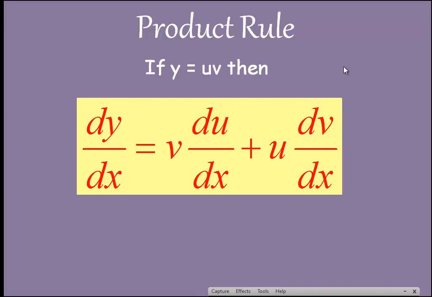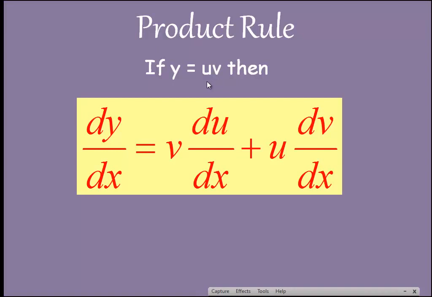Firstly, this is the product rule, and if you refer to the notes I've given you, fill in the blanks as we go through these slides, and then make sure that you keep those safe in your notes for your revision and going back over this topic. So the product rule: we start off with y equals one function of x times another function of x. We let the first function be u and the second function be v.